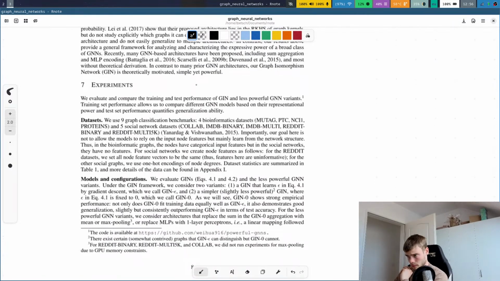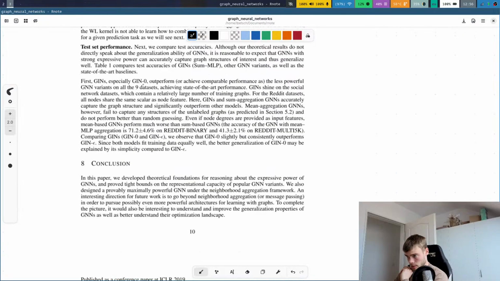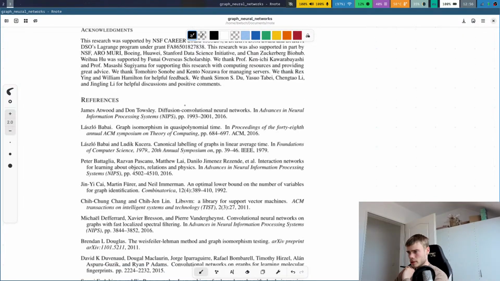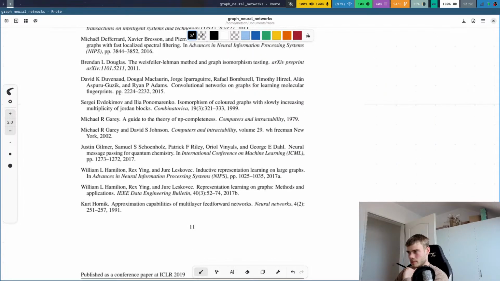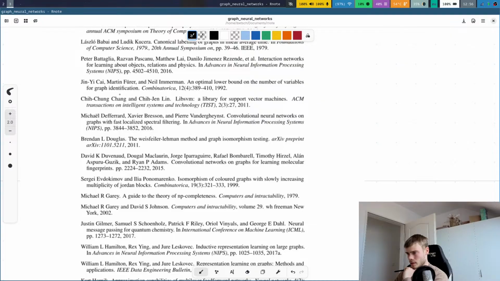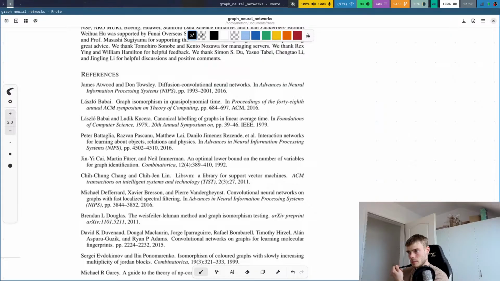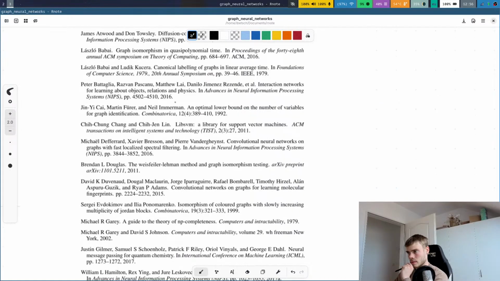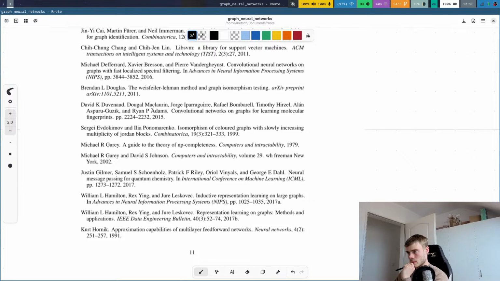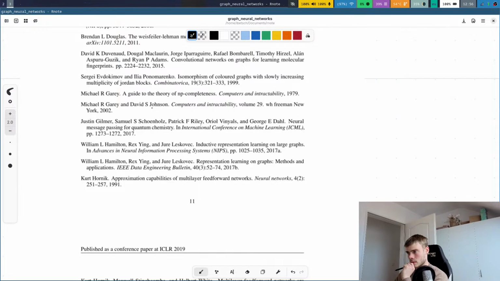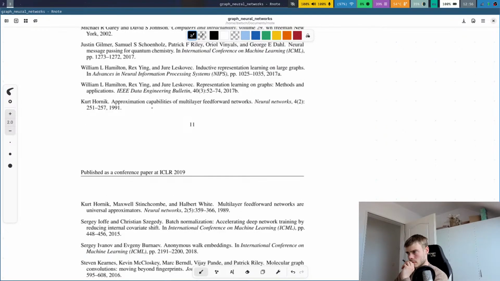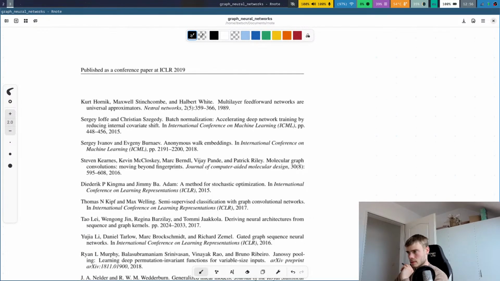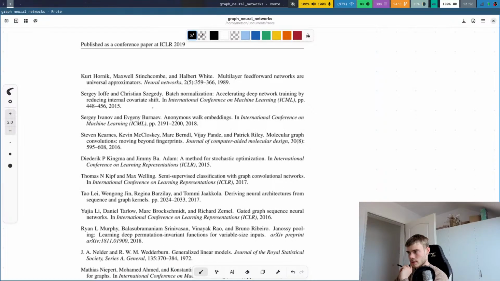We will look at the conclusion, which is not that much. We'll look at the references, and I wonder whether we find the paper from yesterday in here as well. So this was neural message passing. Maybe we find that. The references.